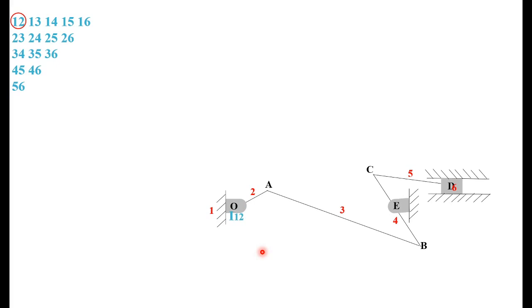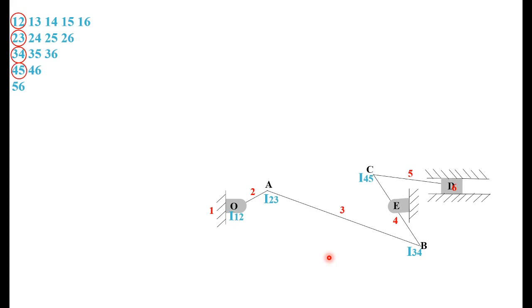Then we have 2 and 3 joined at A, so we have I23. Links 3 and 4 are joined at B, so we have I34. Links 4 and 5 are joined at C, so I45 will be at C.